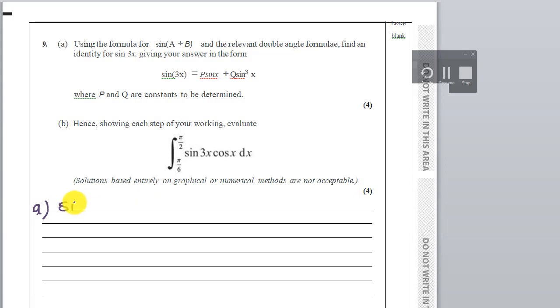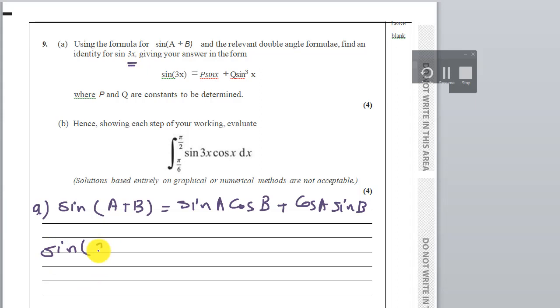We know that sine of A plus B equal to sine A cosine B plus cosine A sine B. So 3x is 2x plus x. It's equal to sine 2x cosine x, this is A and this is B, plus cosine 2x sine x.